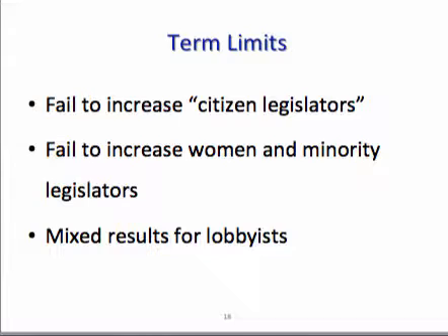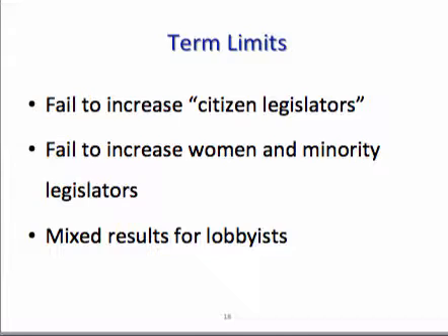Also, this whole idea of term limits, the issue is a commonality. The way that the legislatures have implemented term limits is a different question. Legislators, sometimes, in some states, are facing these limits.